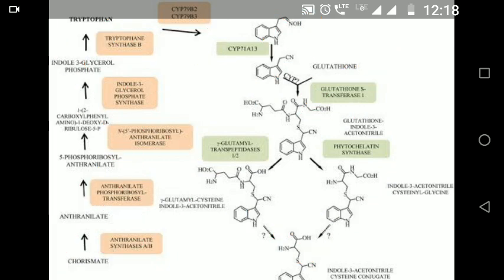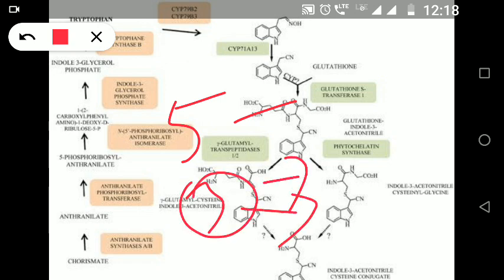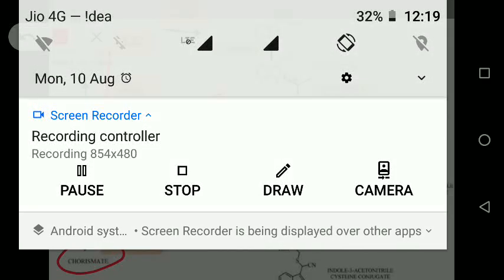But enzyme 1 has two subunits, one subunit for this activity, another subunit for this activity. Enzyme 2 has this subunit activity and this subunit activity. So completely we require 5 subunits. From the 5 subunits we will get 3 enzymes, and these 3 enzymes are essential for the conversion of chorismate to tryptophan. That we are going to see now.